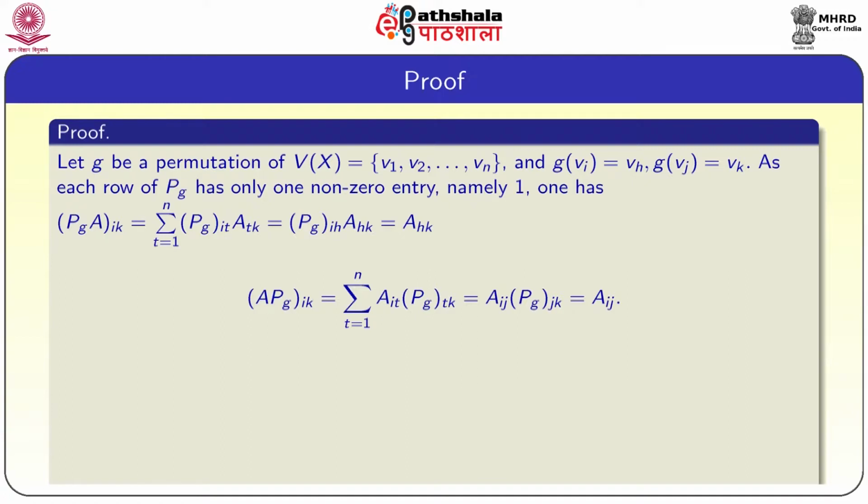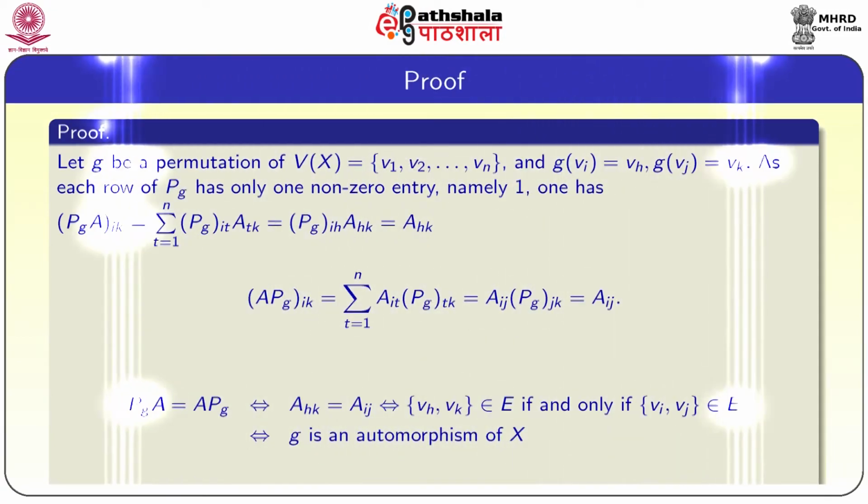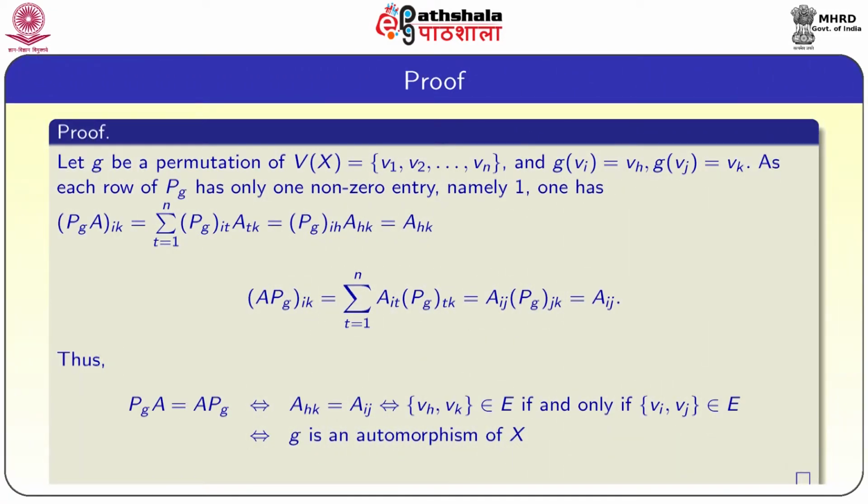Consequently, what we proved is A(hk) and A(ij) are equal, if and only if Pg A equals A Pg, if and only if vh vk is an edge of E, if and only if vi vj is an edge of E, that is if and only if G is an automorphism of X.